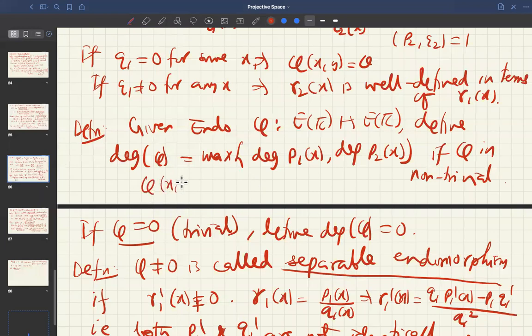So phi of xy is R1 x y, R2 x, where R1 is a rational function of the form P1 by Q1, and R2 is of the form P2 by Q2. So the maximum of the degrees of P1 and Q1 is the degree of phi.